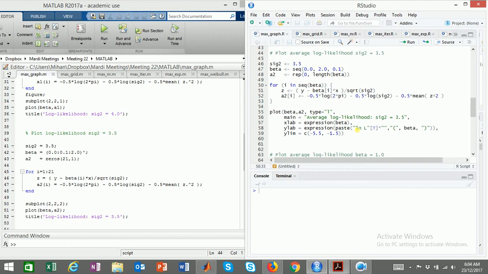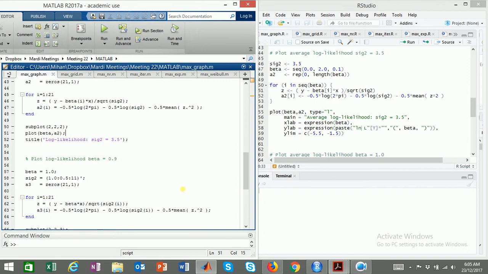Beta is not in any inverted commas because we want the raw beta value, comma, then another inverted comma just for space. We end the bracket, then another inverted comma, because after the previous input we put a comma, so we complete that bracket, and then we complete the bracket for paste, and paste is put in under expression. Kind of like a long road, but it's okay.